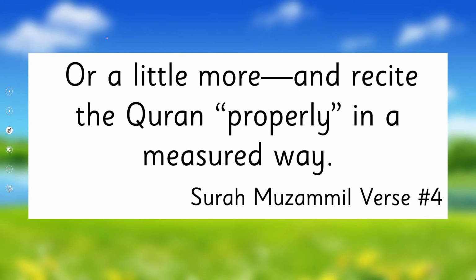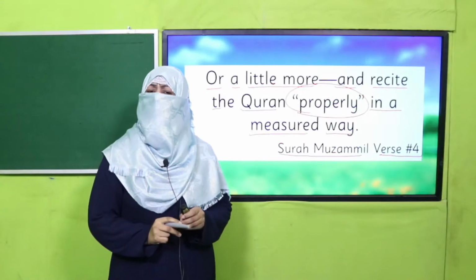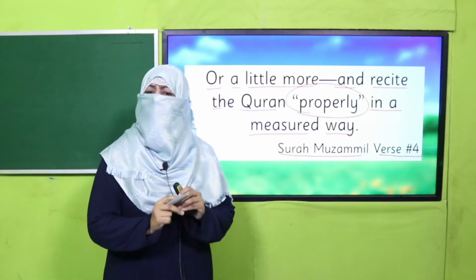Let's start with the name of Allah subhanahu wa ta'ala. Allah says in Surah Muzammil, verse 4, and recite the Quran properly in a measured way. Yes, my dear children, subhanallah, our religion teaches us everything.